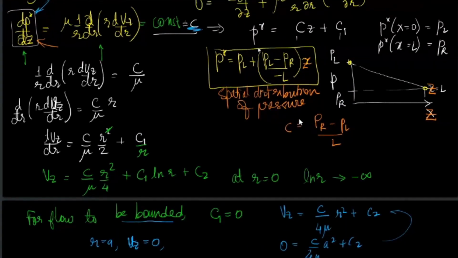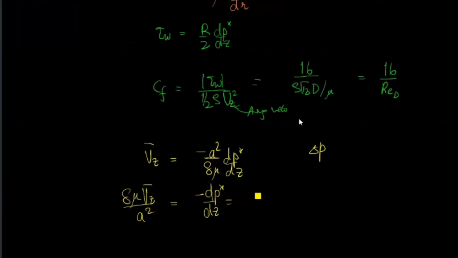So from this expression, dP*/dz will be PR minus PL upon L. Essentially, it is delta P. So delta P is PR minus PL upon L. Then delta P is equal to 8 mu V average times L upon a square.